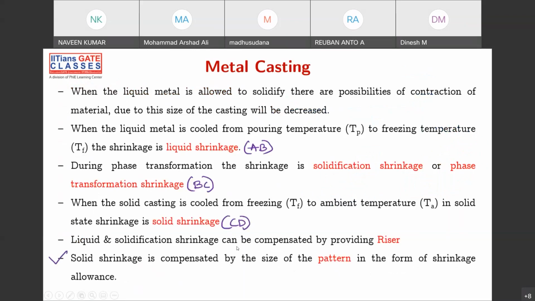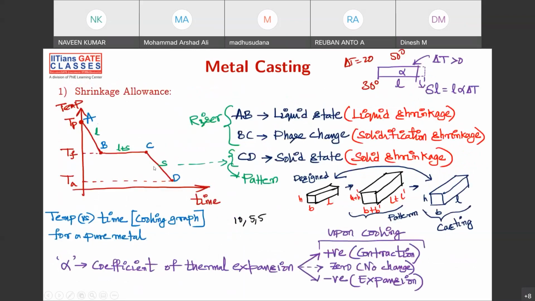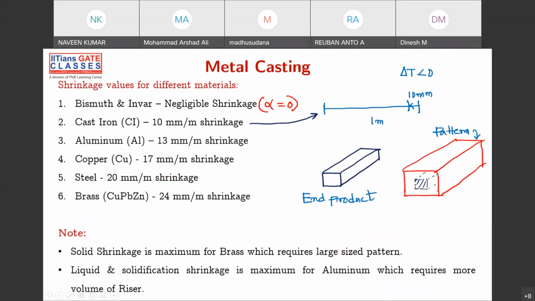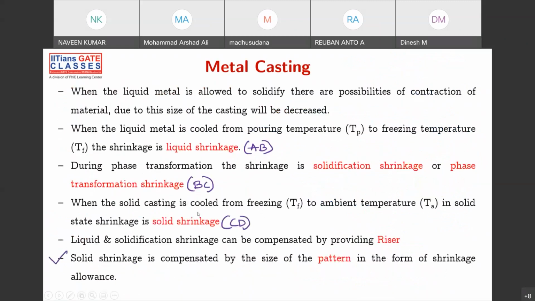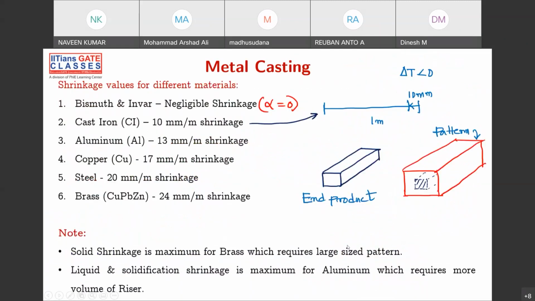Please remember, the pattern allowances can be provided only in the solid stage, which occurs between C and D, in the solid state only. So for brass you have to have a good pattern allowance. Large size pattern is required.